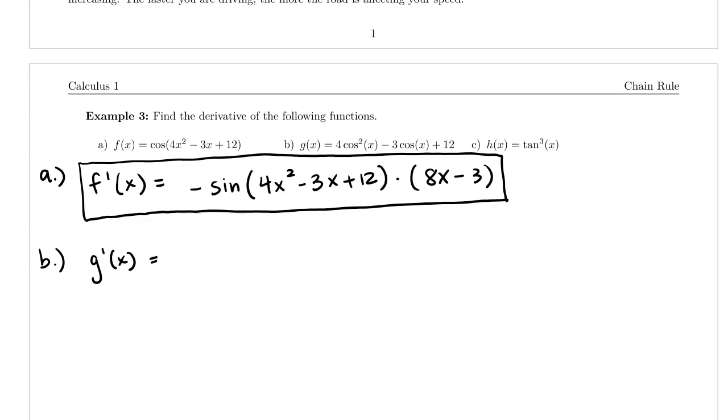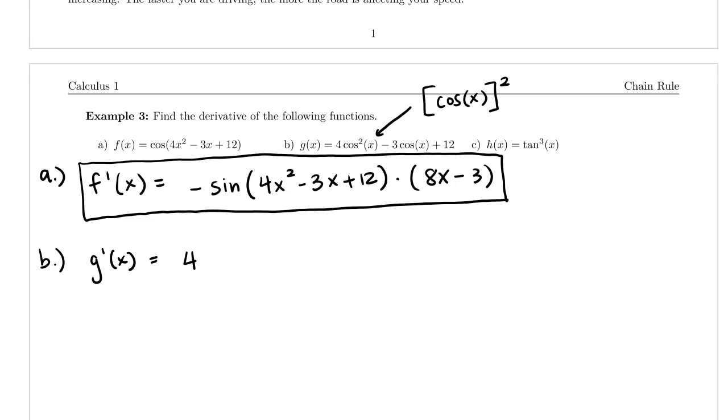So for g prime of x, now we want to take the derivative of each of these terms. The derivative of the first term, I have 4 times. Now, remember in trigonometry when we write cosine squared x, that is the same thing as cosine of x quantity squared.